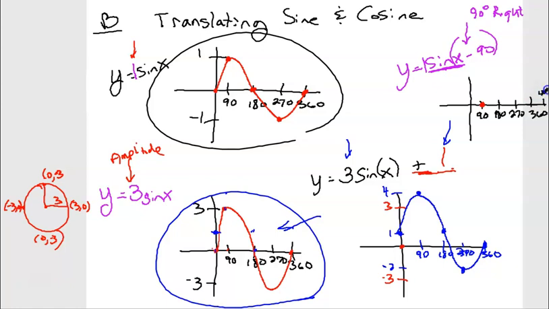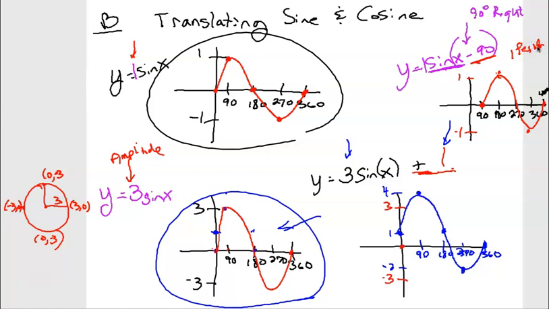I'm running out of space here. But because you shifted it, it's going to go up here. We're just doing an amplitude of 1. Here, here, here, and then back to here. It's still the same sine function, but everything got shifted to the right 90 degrees.